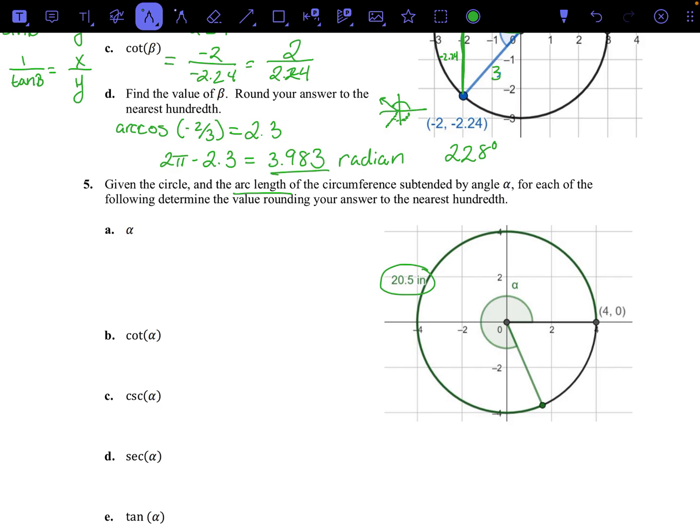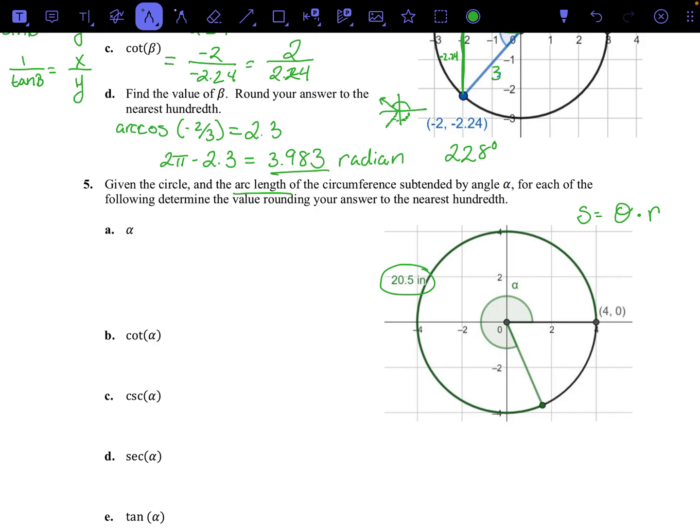So this requires us to remember arc length, which was equal to the angle measure times the radius length.